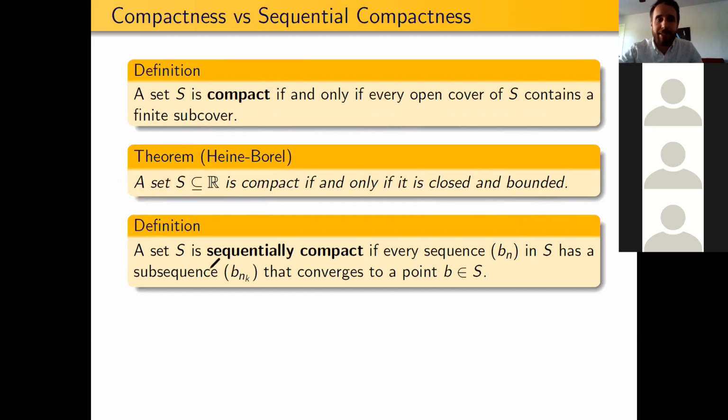A set is said to be sequentially compact if every sequence in the set has a subsequence that converges to a point in the set. So if every sequence b sub n has a subsequence b sub n sub k that converges to a point in the set.